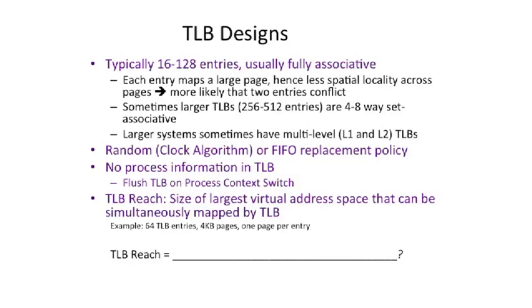Let's say we have a relatively decent-sized TLB here, a 64 entry TLB with 4 kilobyte pages. How much can we access? Well, we can access 256 kilobytes. That's not small, but it's not huge.